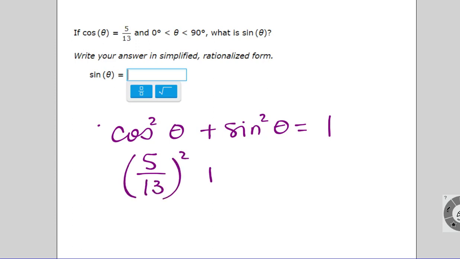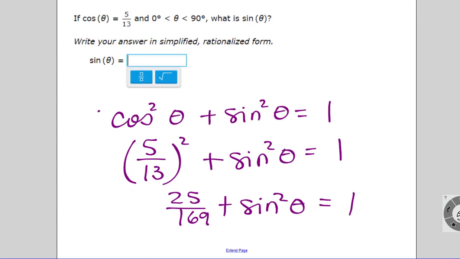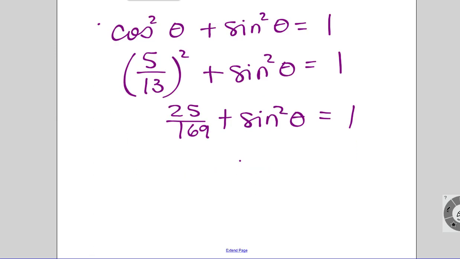We can square that. Okay? And then when I square it, I get 25 over 169. And then now I'm going to subtract that 25 over 169 from both sides.